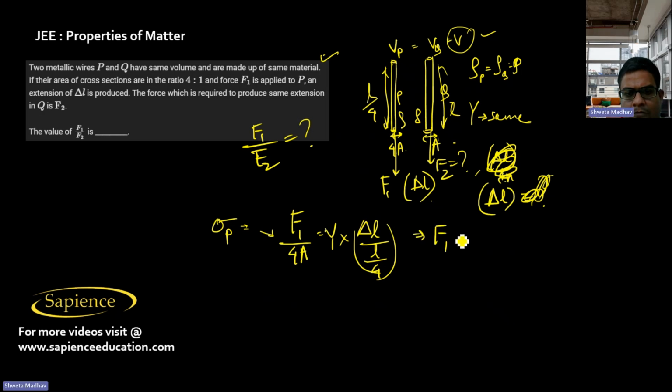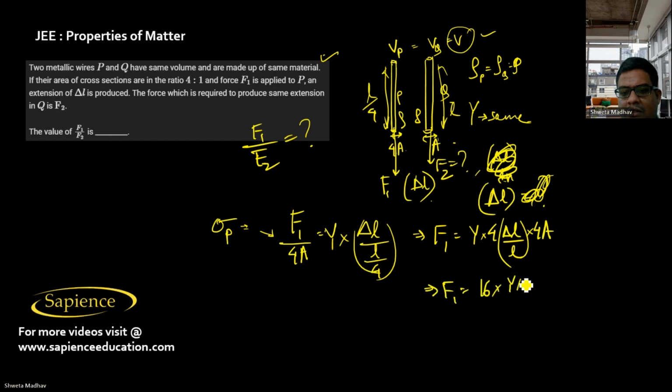So therefore F1 would be equal to Y into 4 into delta L by L into 4A. So this will be F1 will be equal to 16 into Y A delta L by L.